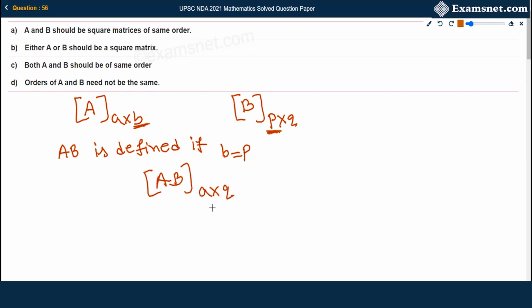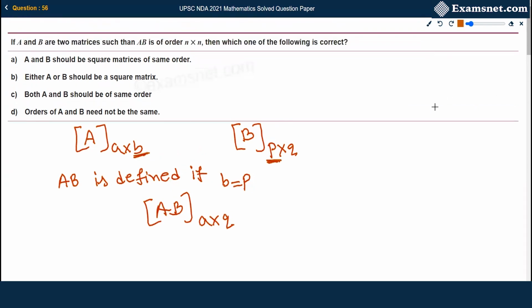Fine. So in this case, there are 4 options given.